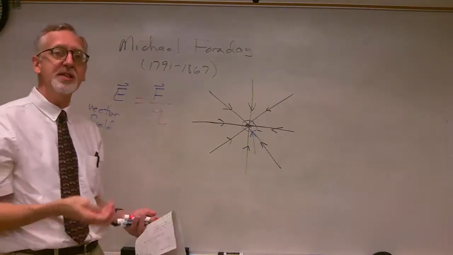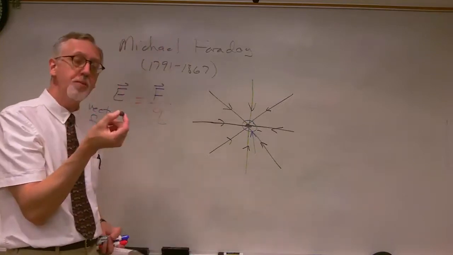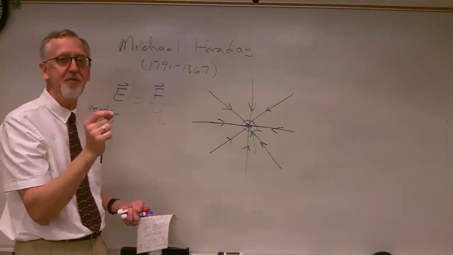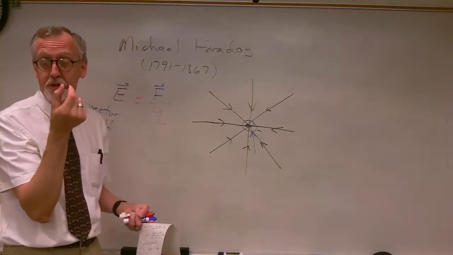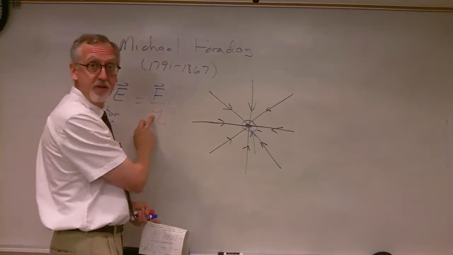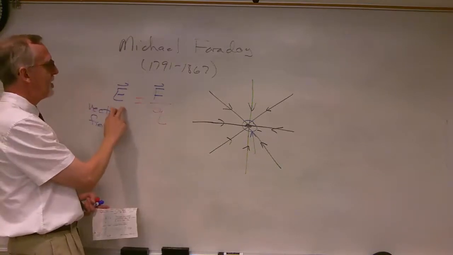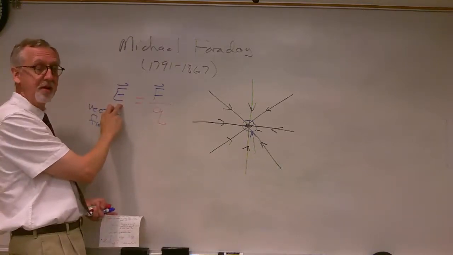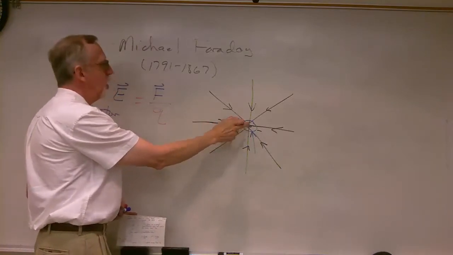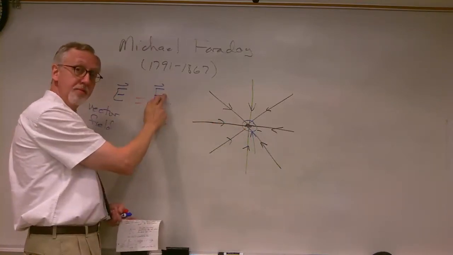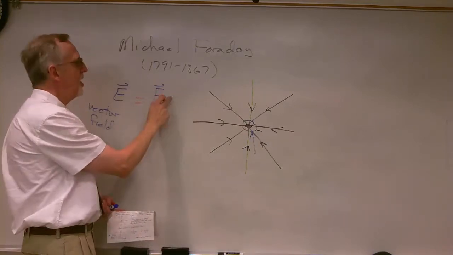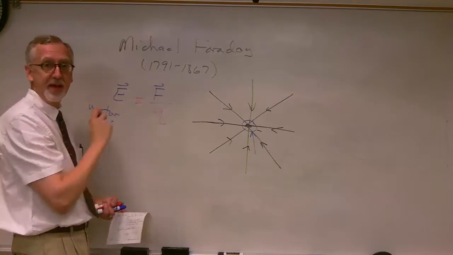So what do we end up with? The definition of the electric field is the force vector acting on a test charge divided by the magnitude of that test charge.